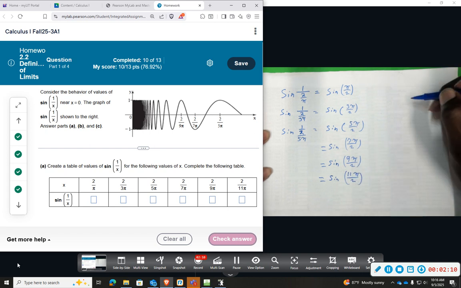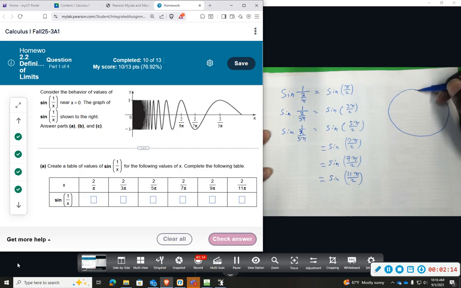Okay, so on a unit circle, we have pi over 2, and then we have 3 pi over 2, and the ordered pair up here has x value 0, y is 1, and down here x is 0 and y is negative 1. Each time we go around the circle, we just add another pi.